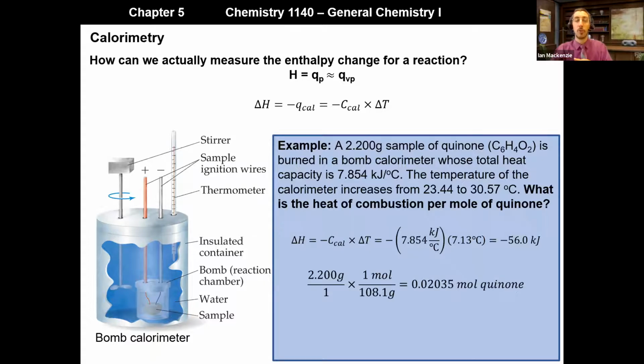So 2.200 grams divided by the molar mass here, which is just summing up the atomic weights of quinone, and I come out with 0.02035 moles of quinone. Now I've got kilojoules, I've got moles. I simply take the amount of kilojoules divided by the number of moles, and I come out with negative 2.75 times 10 to the third kilojoules per mole.